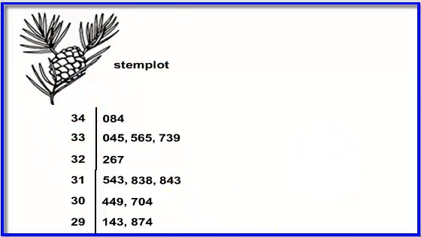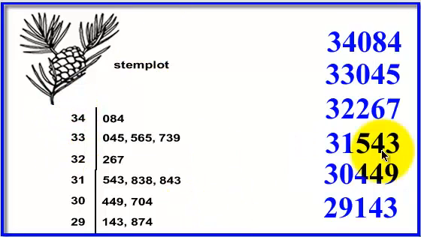So these numbers here, I just wrote the first one of each column, right? 34084 is that one. 33045 is that one. But we could also have written 33565, 33739. The way this is set up, we just don't have to repeat ourselves with the leading digits here. And again, not that important.